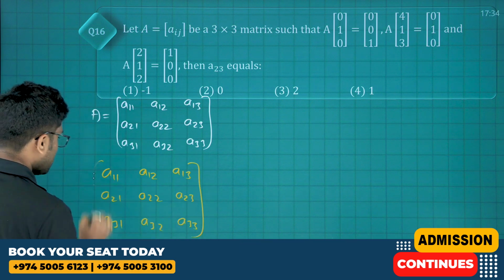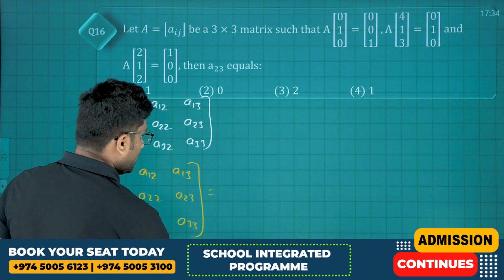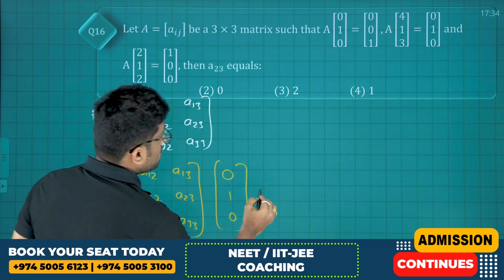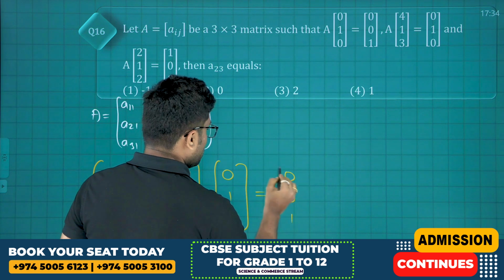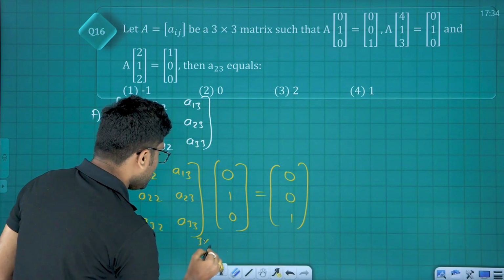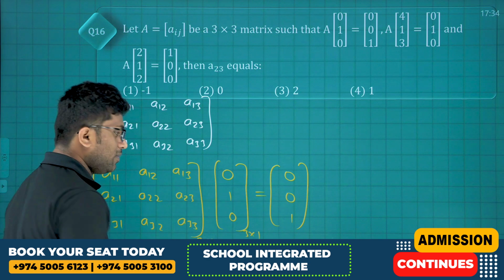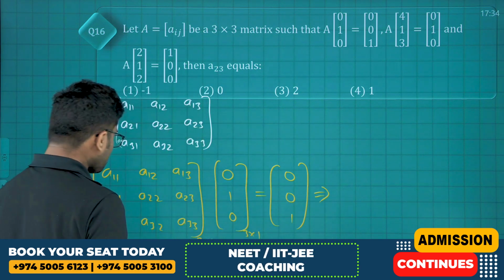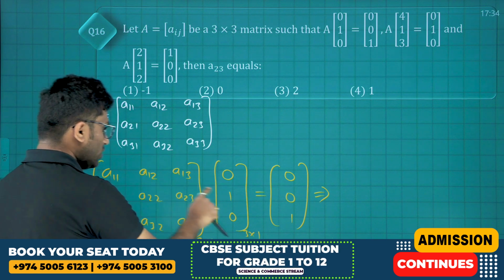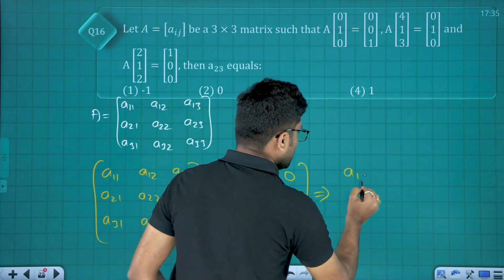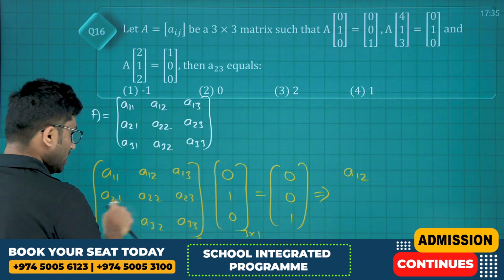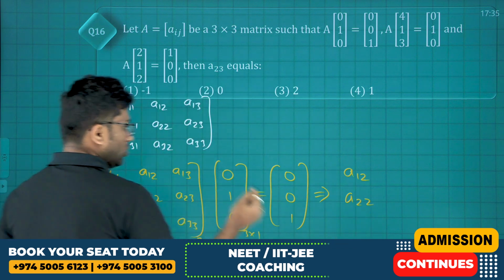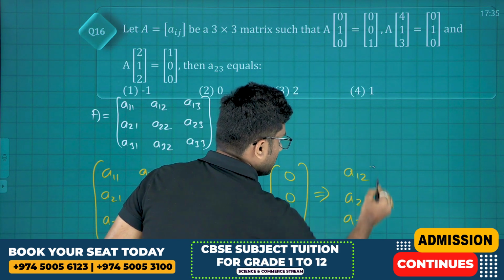So this is equal to this into 0 1 0, one more matrix we have, which gives 0 0 1. When you multiply 3 by 3 with 3 by 1, you will get a 3 by 1 matrix only. So from here we get, see friends, A11 into 0, A12 into 1, that is A12, A22, and A32, only the second column directly.